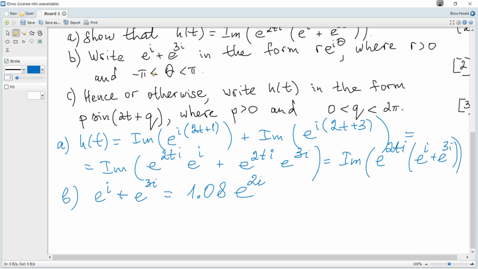Theta must be from negative pi to pi. Pi is 3.14, so it must be from negative 3 point something to 3 point something. You can see that in e to the power of theta i, theta is 2, so it's greater than negative 3 point something and less than 3 point something. So it's correct.